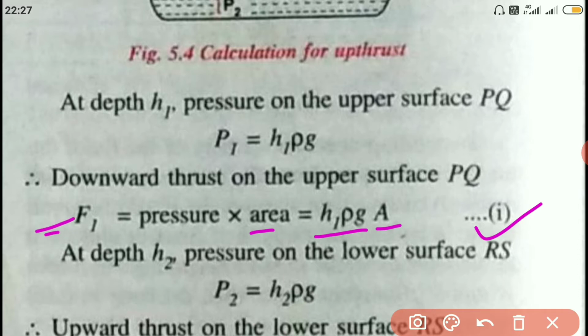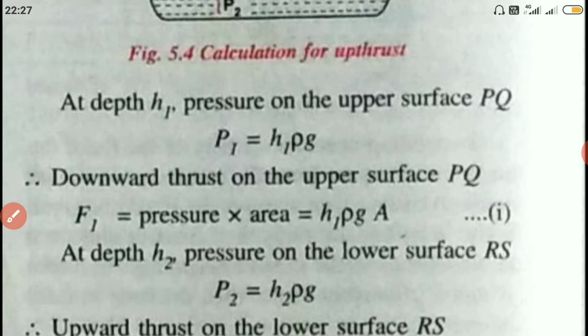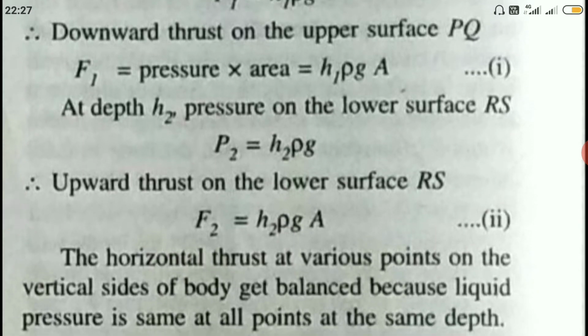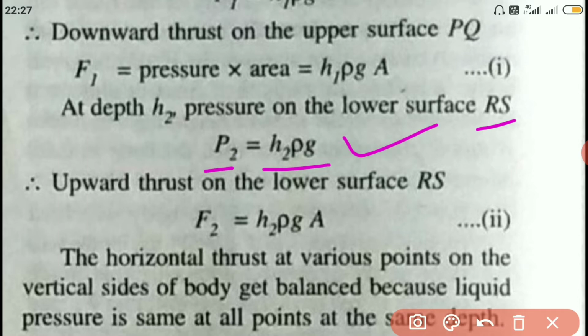Okay, now at depth h2, pressure on the lower surface RS should be P2 equals h2 rho g, which I have shown you just before. Now the upward thrust on the lower surface RS should be F2, and F2's value should be pressure P2 multiplied by A. So P2's value is h2 rho g, multiplied by A, the area.